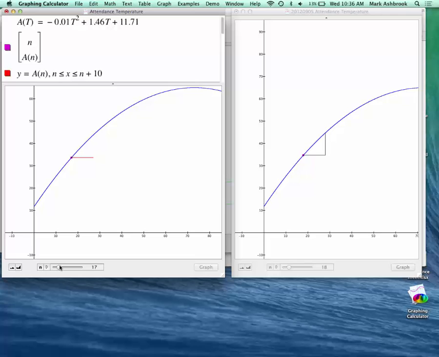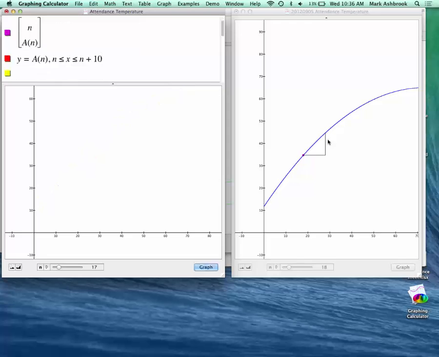Okay, now we need this segment here. Instead of thinking of that as a segment, think of it as a whole line of which we're just going to show a piece. It's a vertical line. How do we represent a vertical line? X equals. So now the question is, what x value is that?